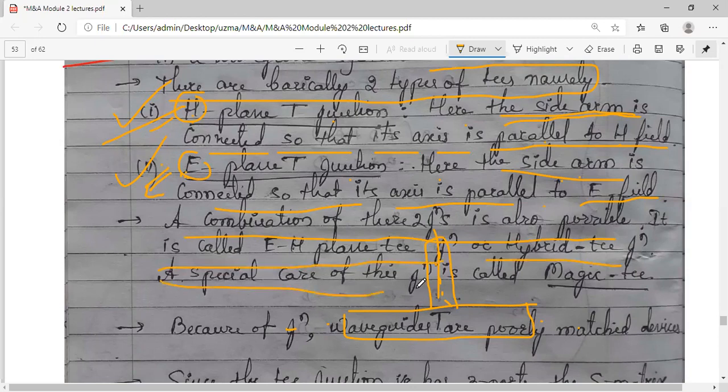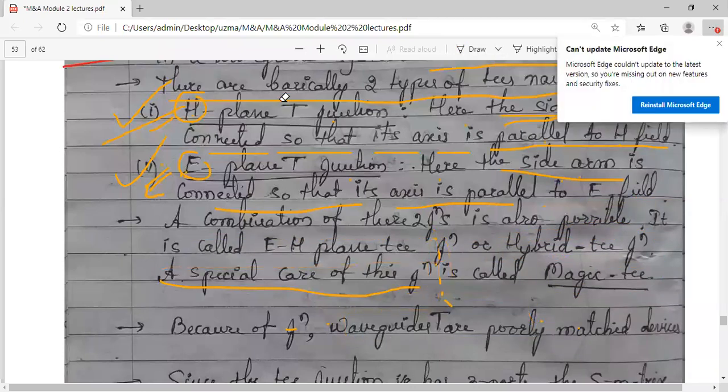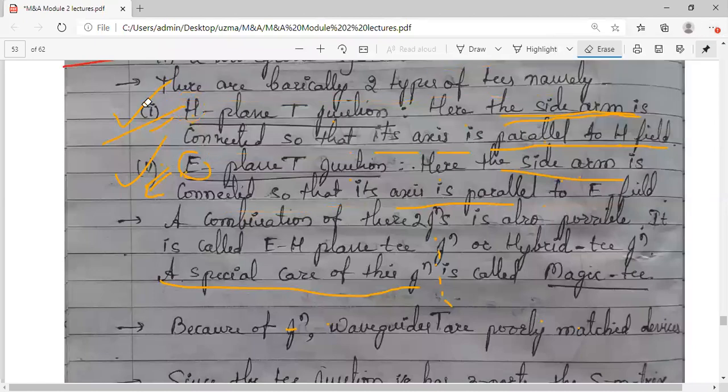A special case of this hybrid T-junction we call the magic T. We will see what the magic inside the magic T is; when we learn about its structure and properties, you will understand why it is named the magic T. Now we will look into each of these waveguide T junctions separately.